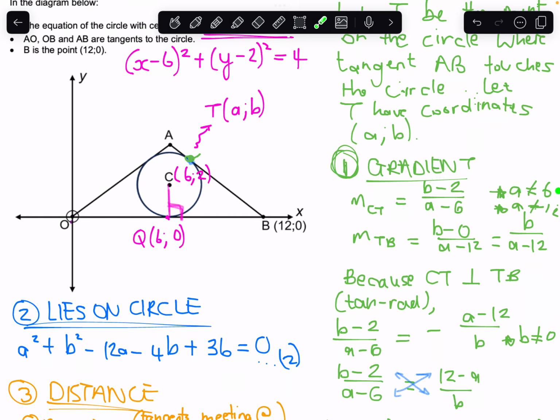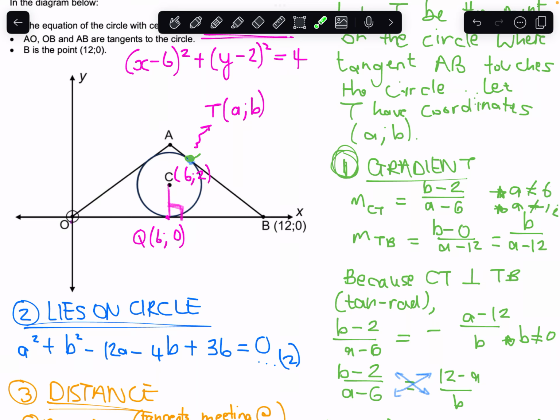And then I set up a restriction there: this only works if a is not equal to 6. Then I set up an expression for the gradient of TB in terms of a and b as well. So that would be b minus 0 divided by a minus 12, so that's just b divided by a minus 12.